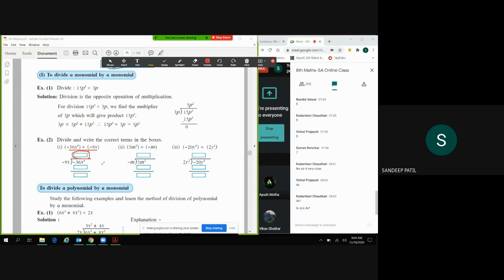So यहाँ देख सकते हैं कि हम -36 x raised to 4 divided by -9x, ये division carry out कर रहे हैं अभी.